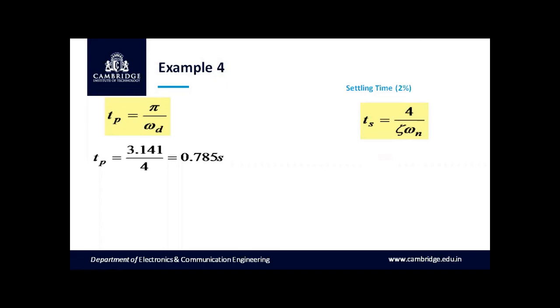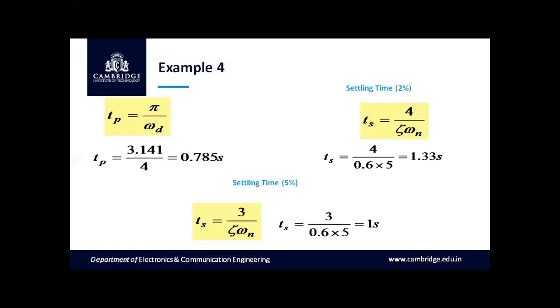We know the value of zeta and omega n. We can substitute directly and obtain Ts as 1.33 seconds. And for settling time for 5% error, Ts is equal to 3 divided by zeta omega n. Once after substituting for zeta and omega n, we can obtain Ts as 1 second.